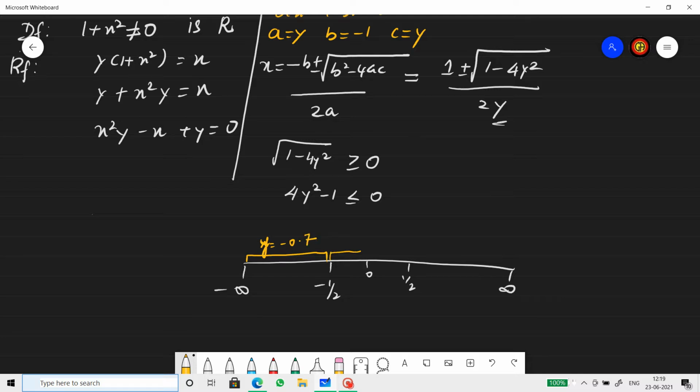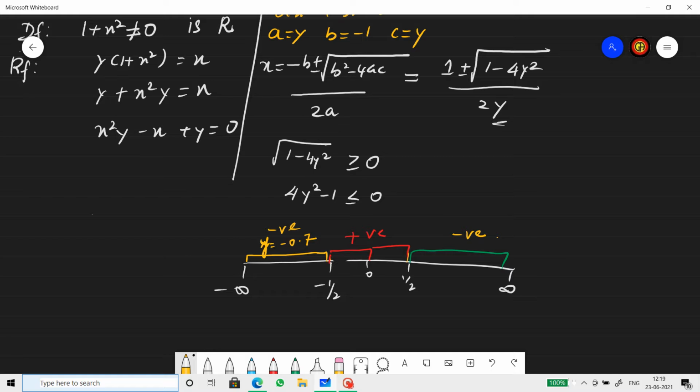Then consider x here as well as here, and then from here to here. But I'll show this in a different color. You will find that it's positive throughout this interval and it's negative here, and it's negative over here also. So it's negative, positive and negative.